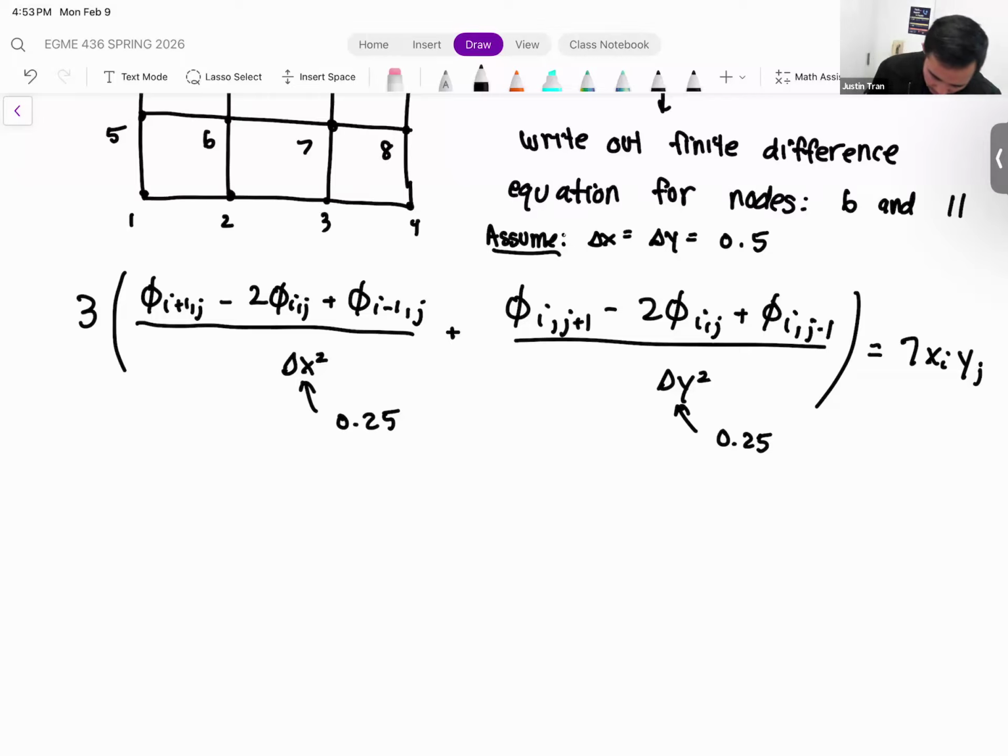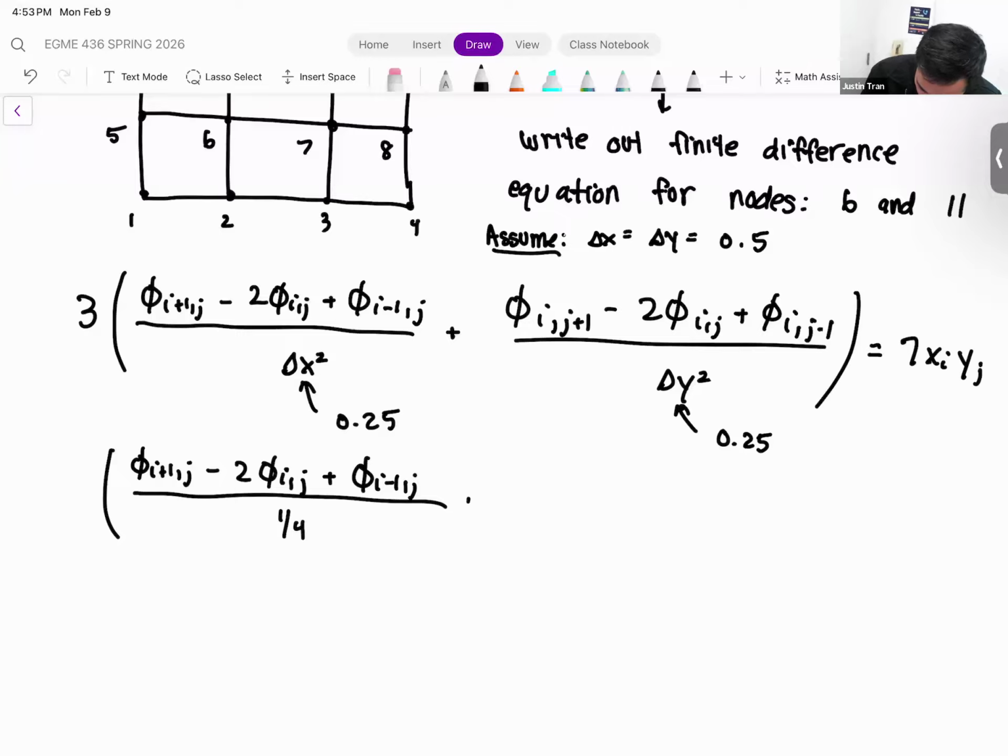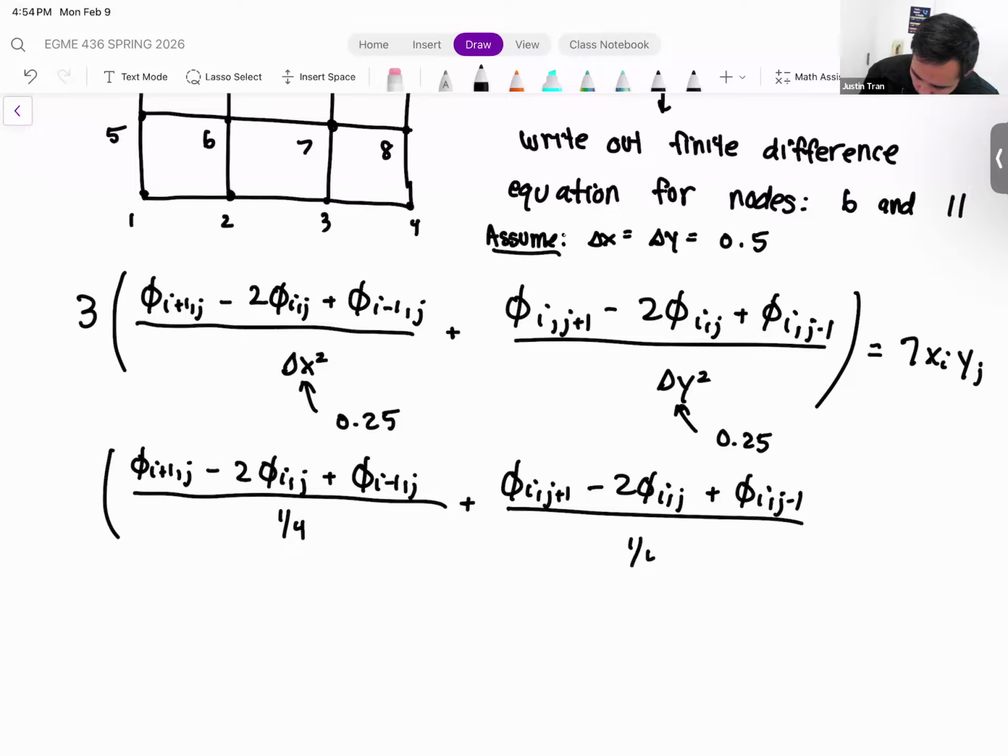So if I move the 3 to the other side, we have phi i plus 1, j minus 2 phi i, j plus phi i minus 1, j, all divided by 1/4, plus phi i, j plus 1 minus 2 phi i, j plus phi i, j minus 1, all divided by 1/4, is equal to 7/3 x_i y_j.